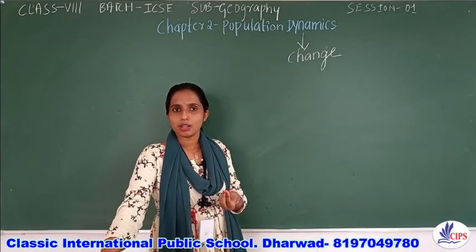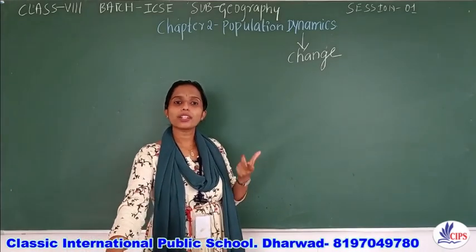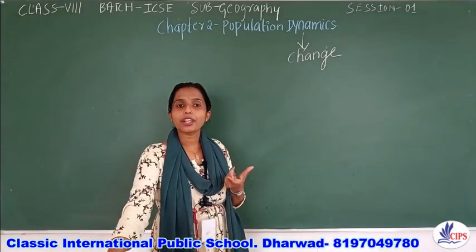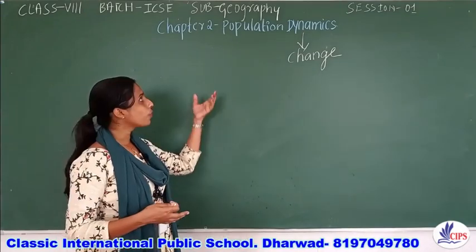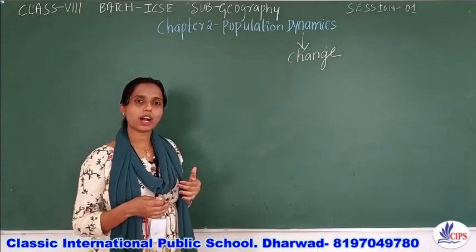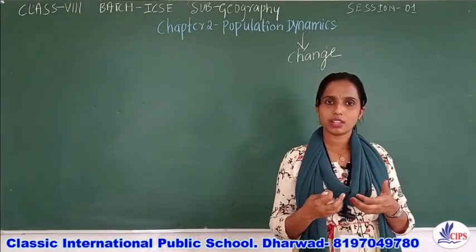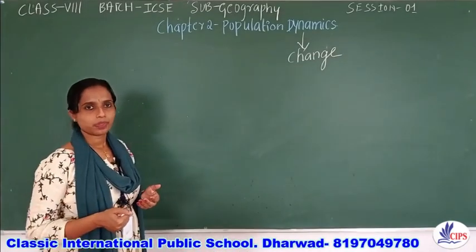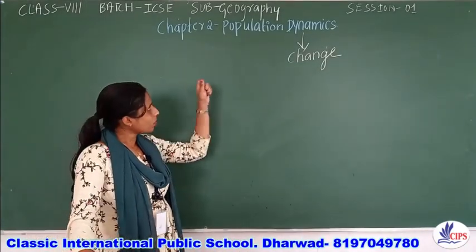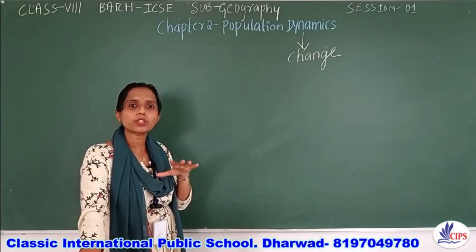So see the changes that have happened over the period of one century, 100 years. This is what we are going to study in this topic. How the population changes, or what are the reasons behind this change of the population. And this topic in geography we study under human geography.